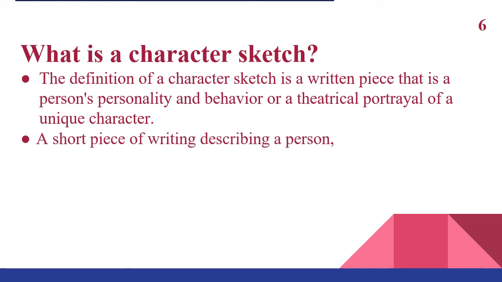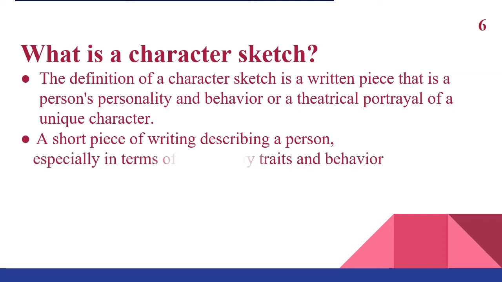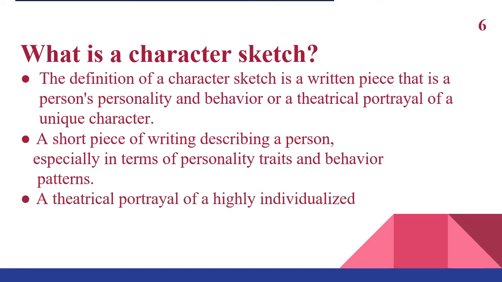A short piece of writing describing a person, especially in terms of personality traits and behaviors. Again, you have to collect the qualities of the specific person. A theatrical portrayal of a highly individualized character or role means the role given inside the novel you are reading, which you have to take out.